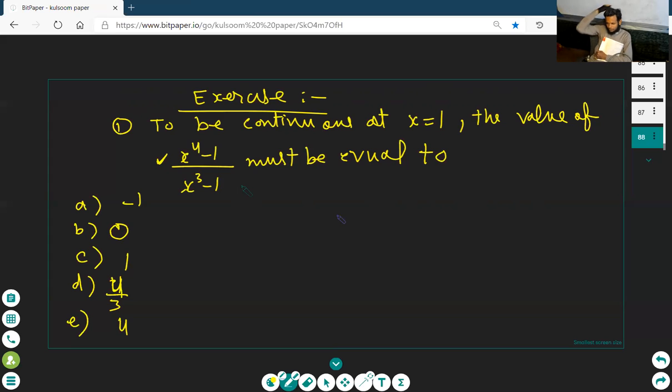Can you find the value? Four? No, it is wrong. You should show me the method you used.